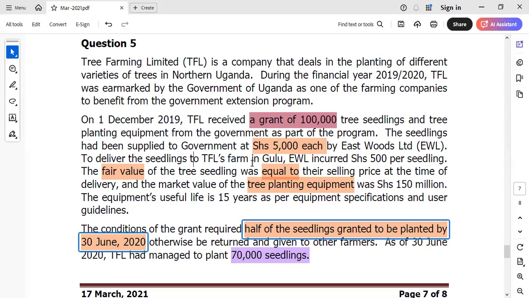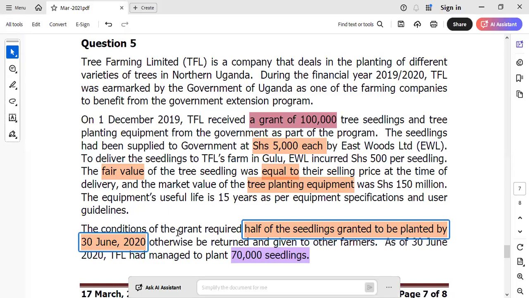These costs were incurred by EWL, just costs to deliver to the destination, and they were not incurred by you. You can't bring in costs incurred by another company. So for this, we don't have the point of sale costs.